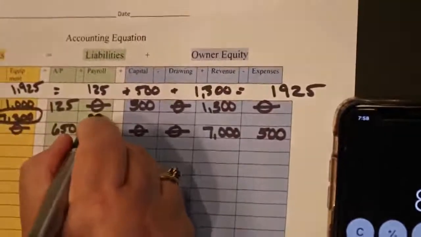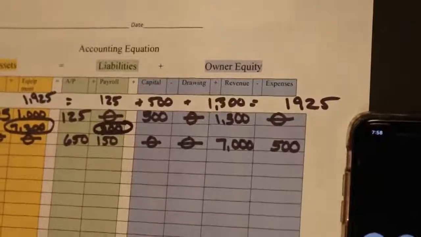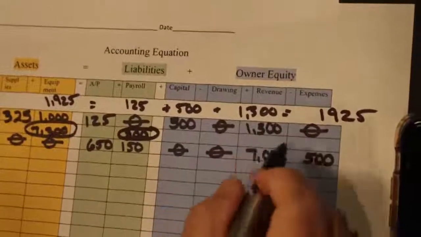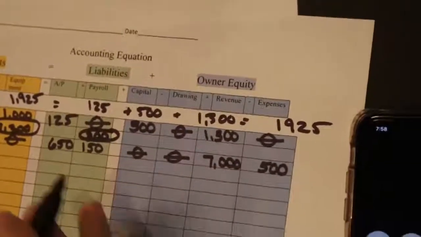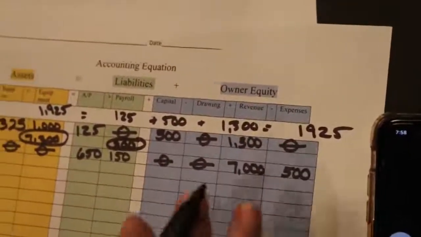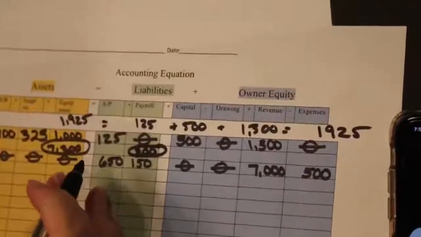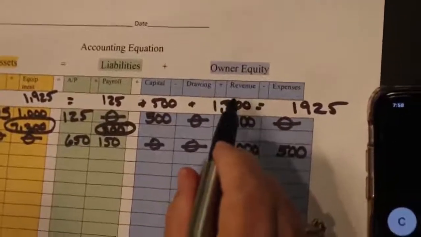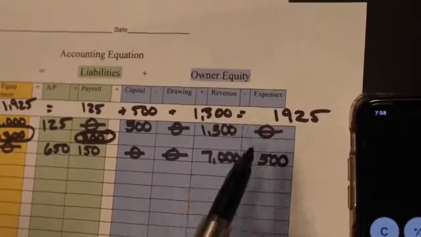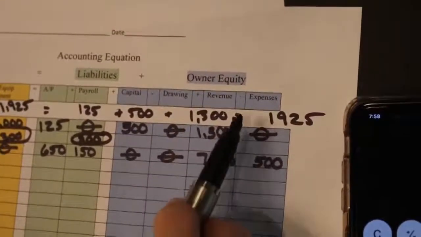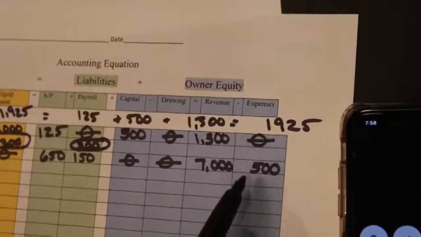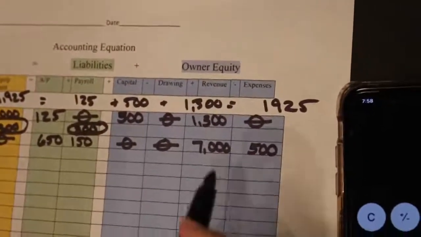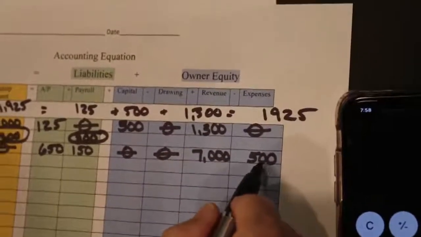Circle it. Now, let's add up our owner's equity first before we add it to our liabilities. We have $7,000 in revenue, but we also have $500 in expenses. So we had to pay out for something. Maybe we had to pay a utility bill or something, $500.